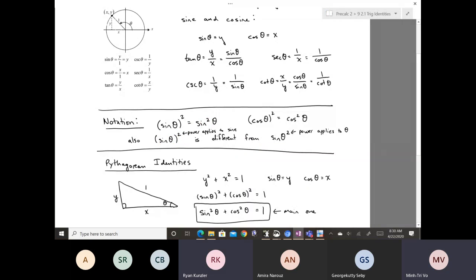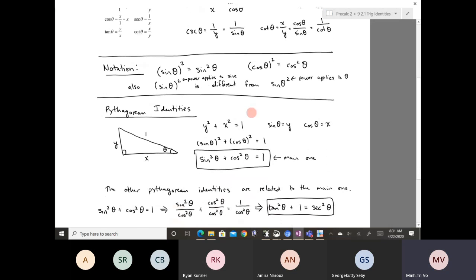Professor Val? Yes. Can you just write out an example real quick so I can make sure that what I'm thinking is the same thing that you're saying? Yeah. Let's say, okay, I'm going to work in radians.